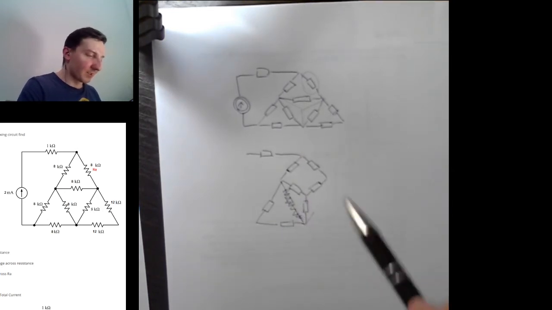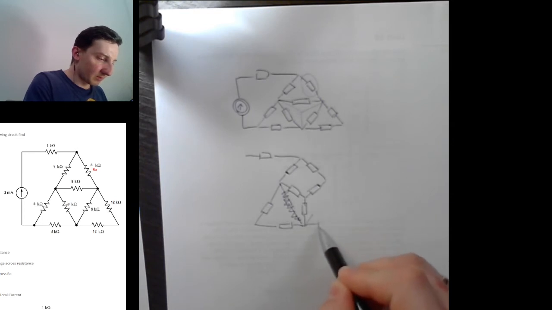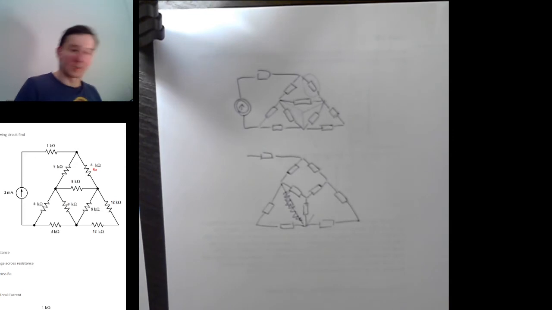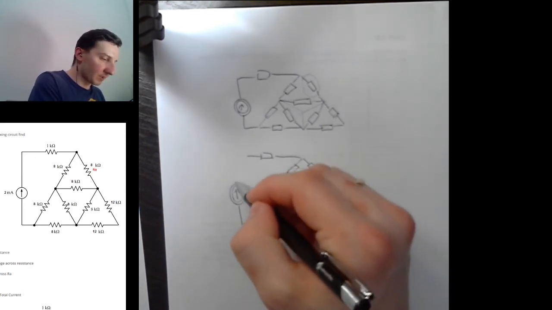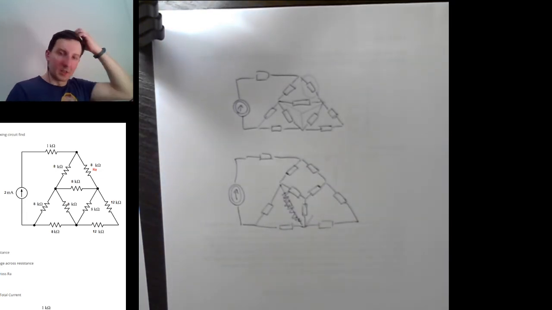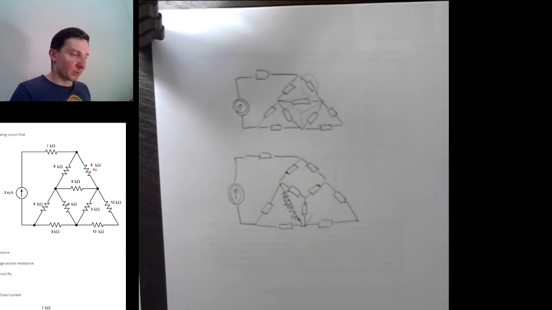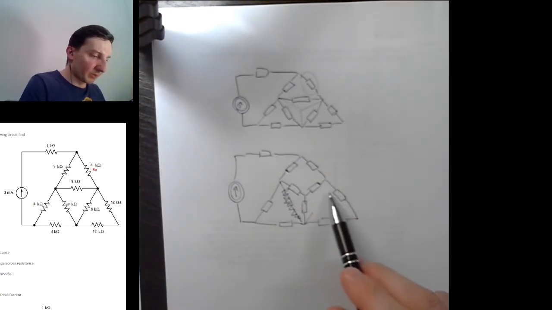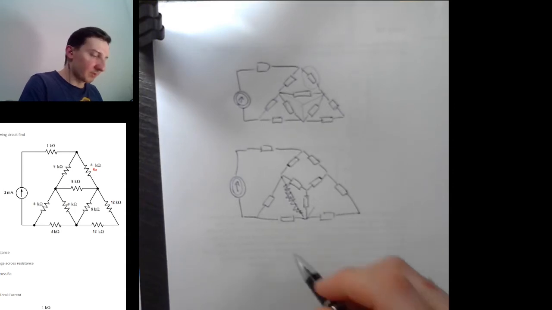I made a mistake, and these two are as they were. This is the source of the current. Now what we can do is simplify these two resistors because they are connected in series.